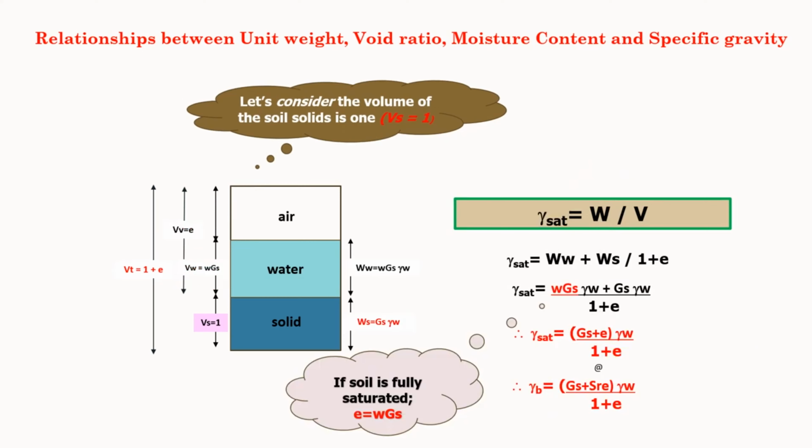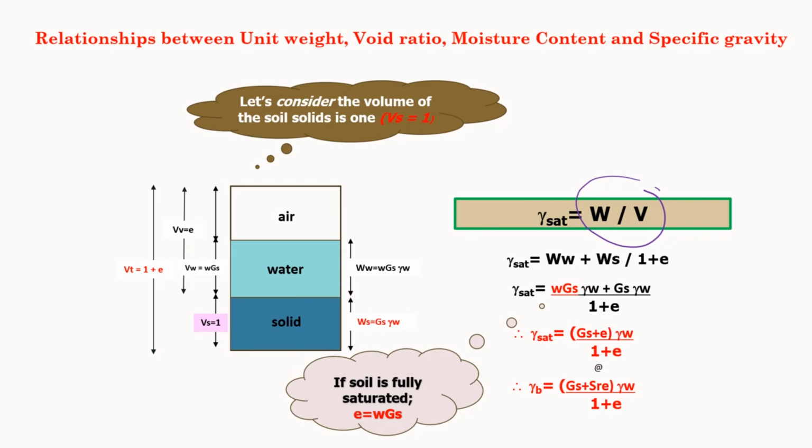In addition to that, we can also have more derivations for other parameters. For this slide we discuss gamma saturated. We know that whatever the unit weight, it is equal to total weight divided by total volume. It's just a matter of which components of weight and volume exist in that particular condition.